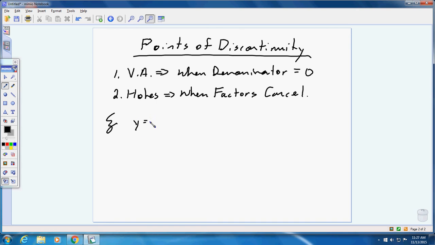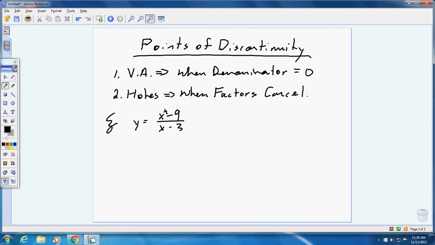Something simple. I've got a good example here: y equals x squared minus 9 over x minus 3. This is a good question to show holes.